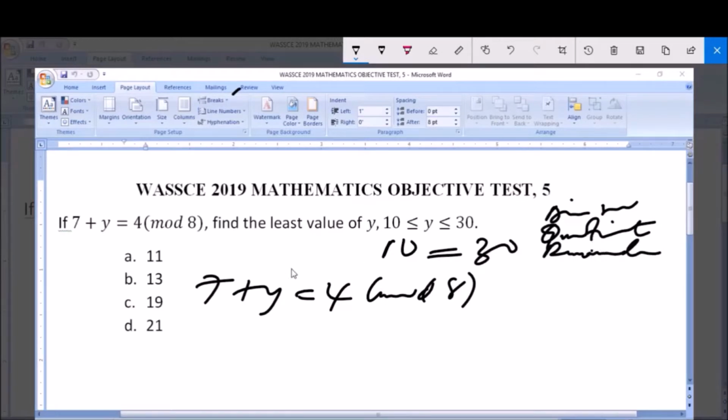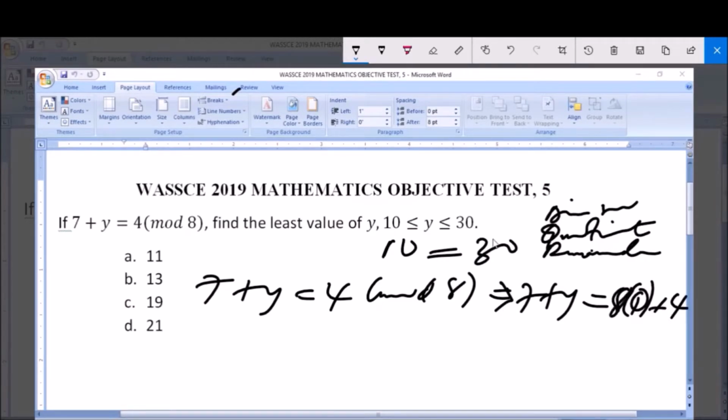It will be in this format: 7 plus y mod 8 equal to 4 is the same thing as saying 7 plus y equals 8 into q, which is the quotient, plus 4.